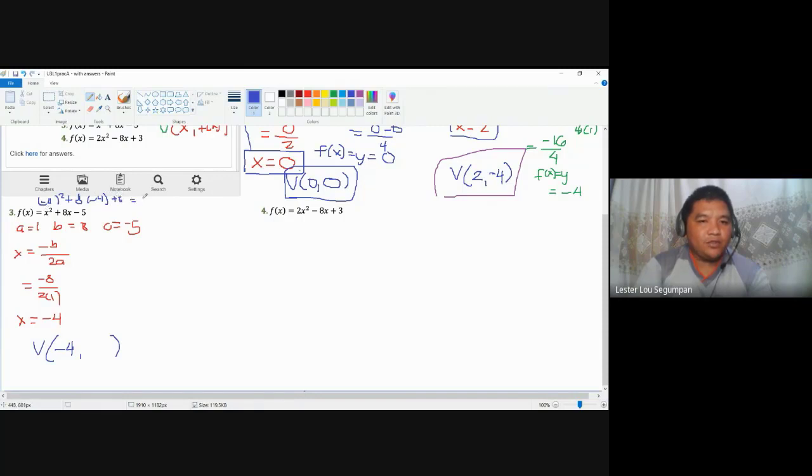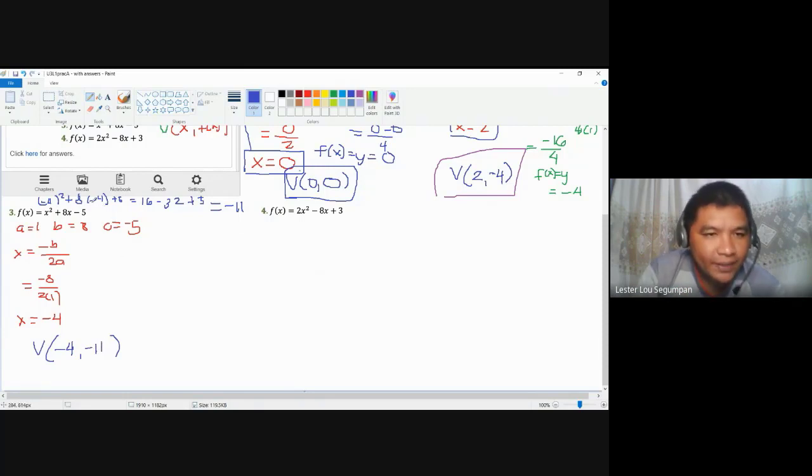So you have -4 squared is 16. 8 times -4 is minus 32. And you have plus 5. So you have here 16 minus 32 is -16 plus 5. It should be negative 11. So this should be negative 4, negative 11.